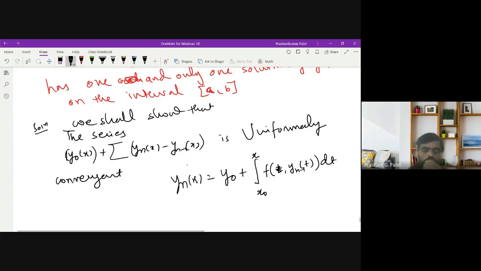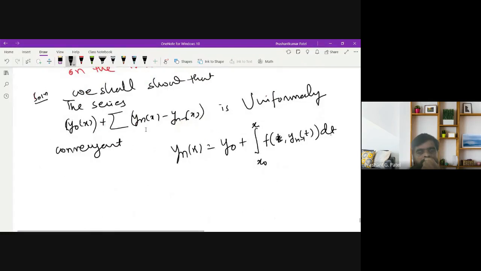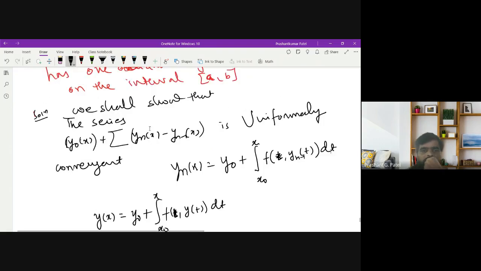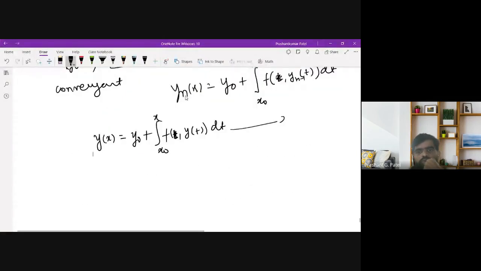We know that this differential equation has a solution. That means this integral equation, y of x is equal to y0 plus integration x0 to x of f of t comma y of t dt, has a solution. So if equation 1 has a solution, it is equivalent to the integral equation, equation 2, having a solution, and the approximate solution for this is yn of x.